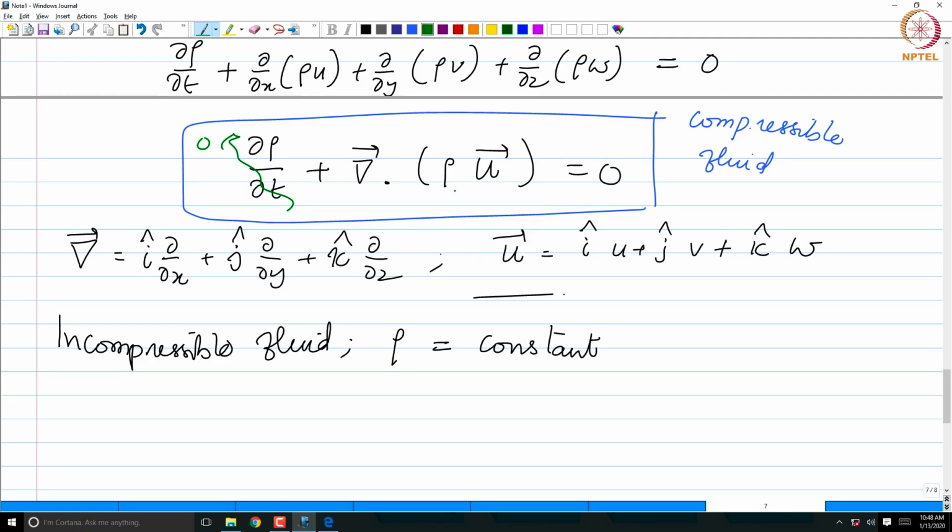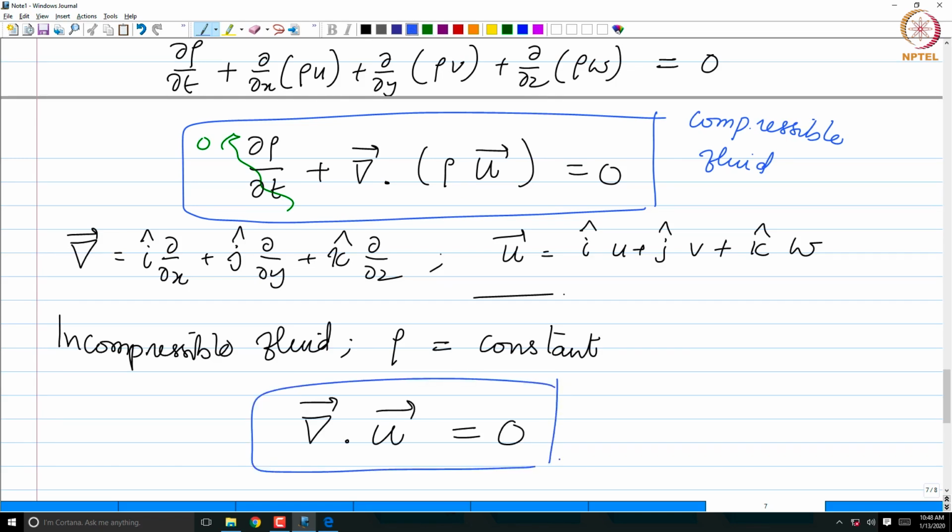Then rho can be taken out of the divergence because density is constant. So all you end up with is nabla dot u bar equals 0. This is the conservation of mass for an incompressible fluid.